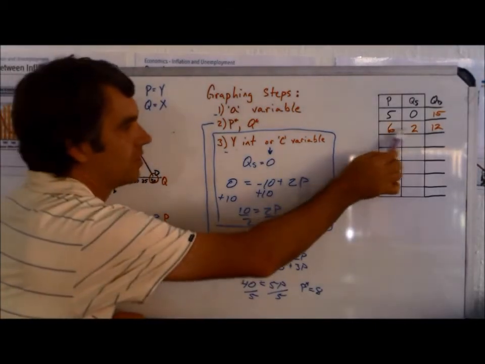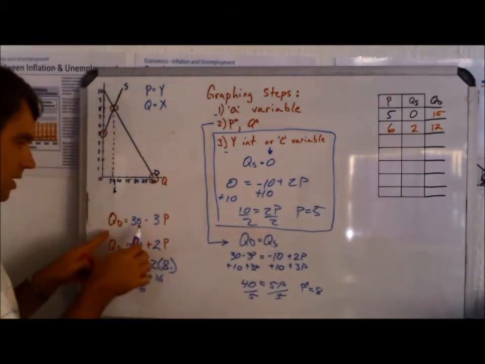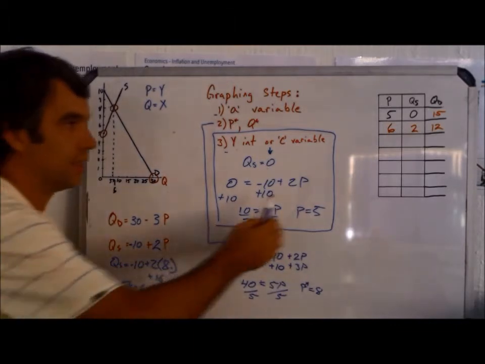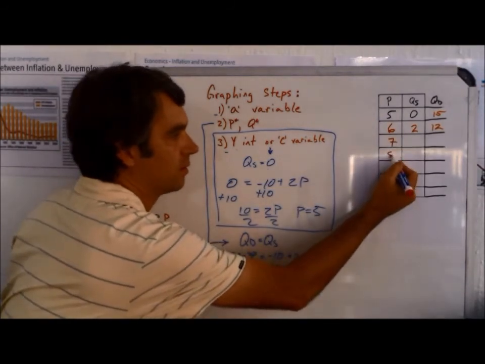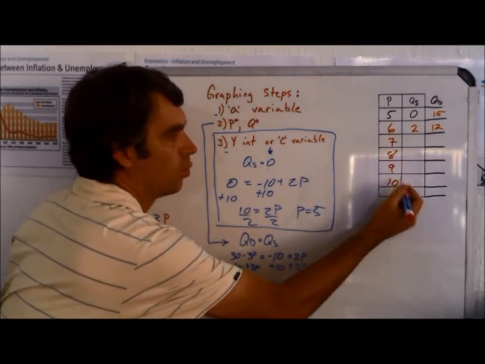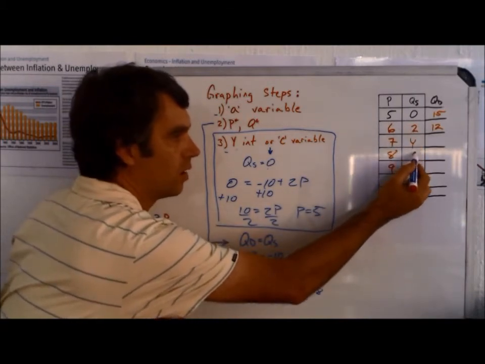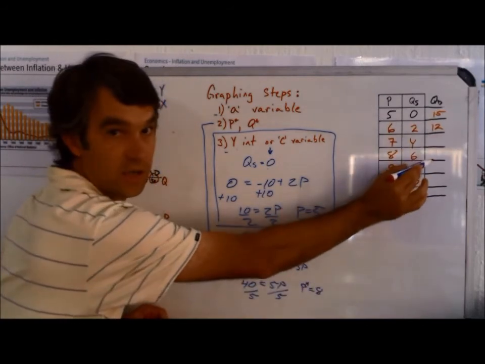Okay, let's prove this one more time and then we'll be finished. So let's take this price of 6 and put it in here. So 30 minus 3 times 6 is 18. 30 minus 18 is, again, like we saw, 12. So in this fashion, we can keep going, and this is just going to increase by 2. So 2, 4, 6, 8, and 10. And then these are going to decrease by 3.